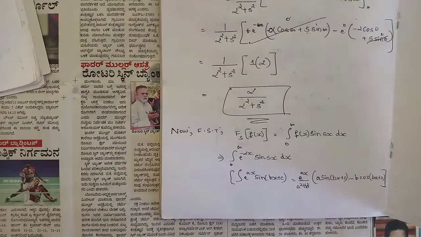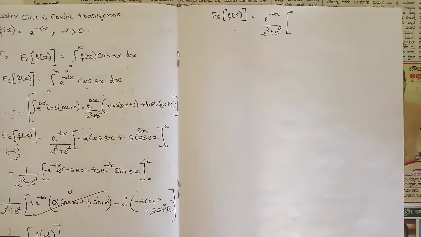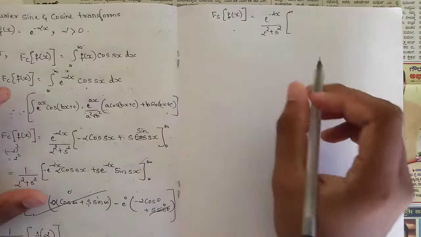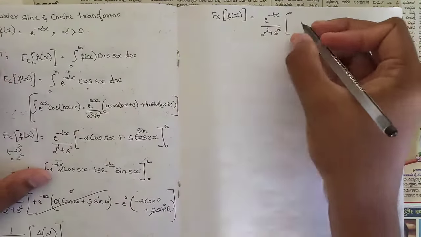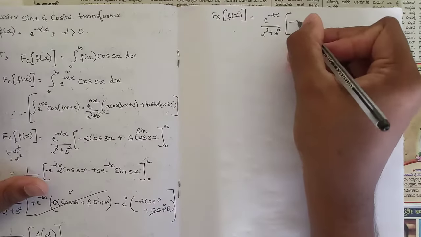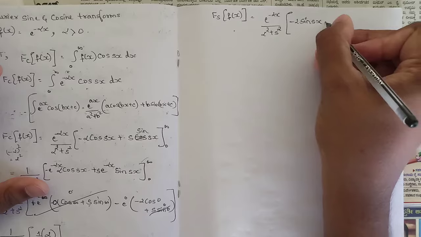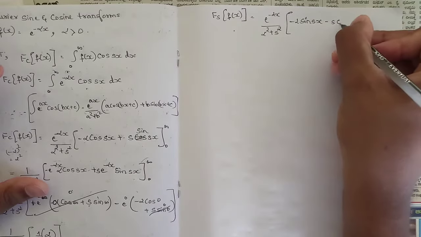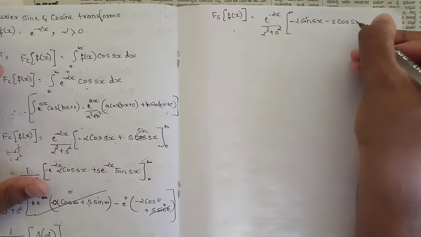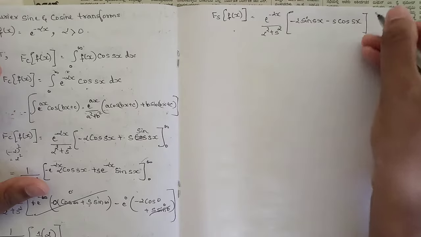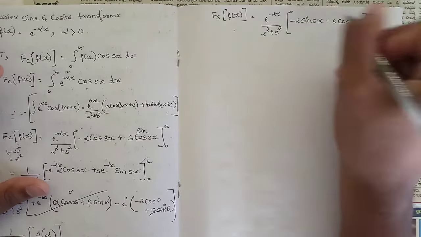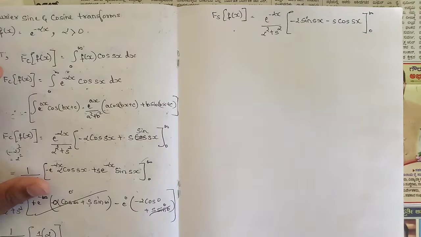So now we are going to replace these values. We write it as a sin bx, so minus alpha sin sx minus b cos bx, so s cos sx, from 0 to infinity. Here the value of c is 0, so we are not writing it.